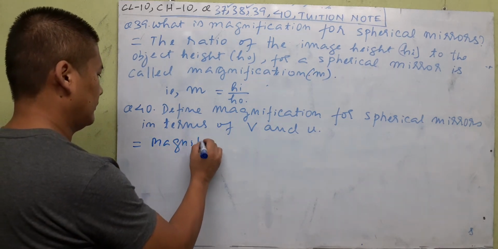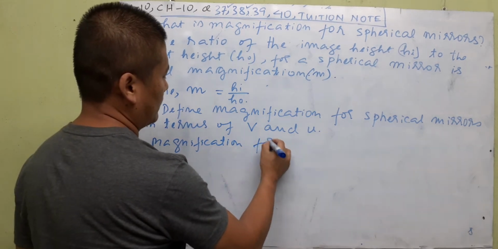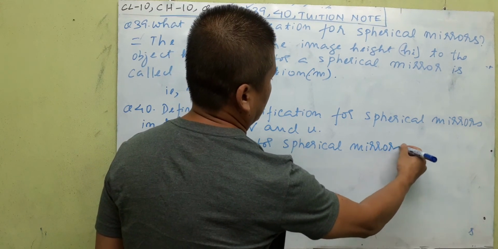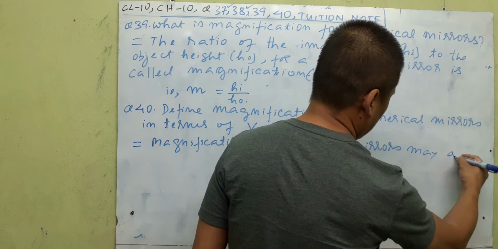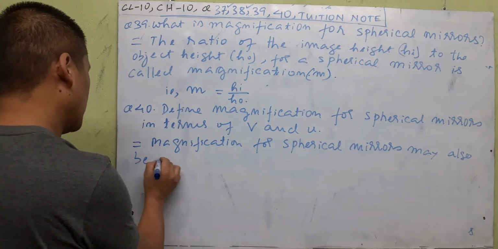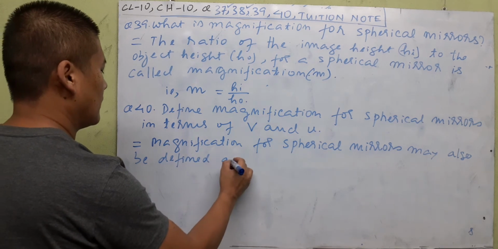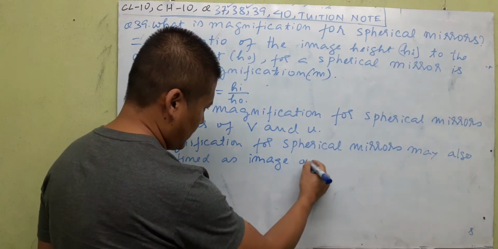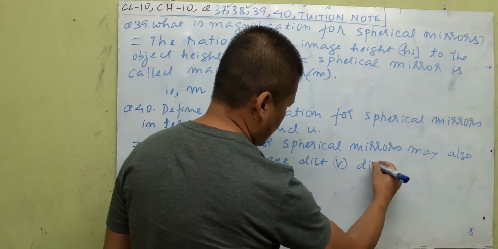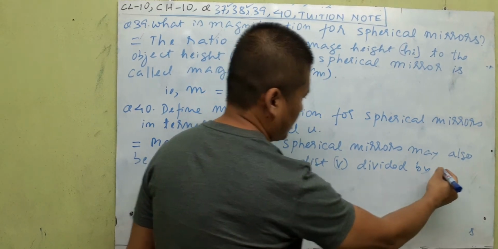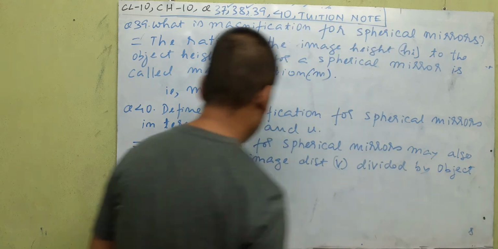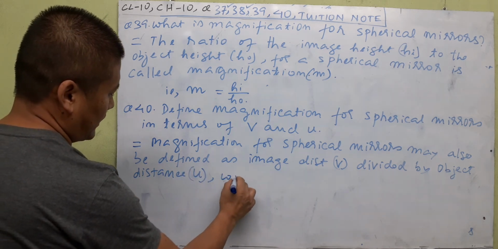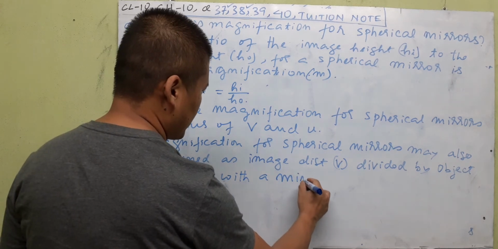magnification for spherical mirrors may also be defined, another way of defining it, as image distance V divided by object distance denoted by U, but you need to know this one very clearly, with a minus.